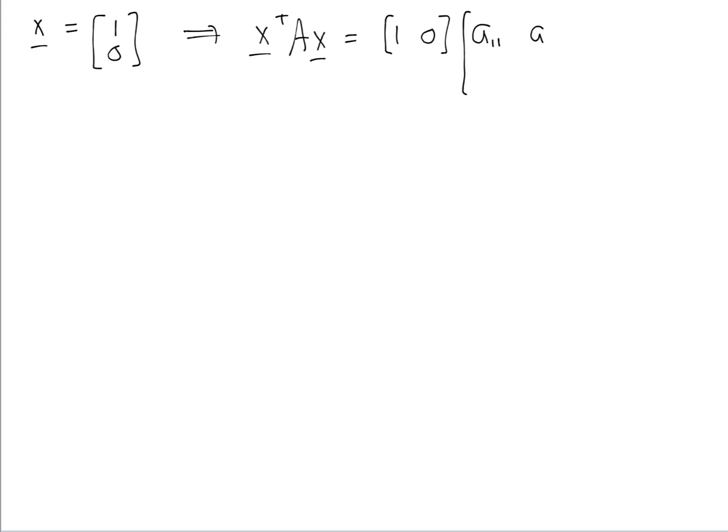Let's pick some other convenient values for x. How about 1, 0? If x is 1, 0, then x transpose Ax will be the row vector 1, 0 times our matrix A times the column vector 1, 0, which, if we work this out, doing the second product first, we take the dot product of the first row of A and the vector 1, 0.